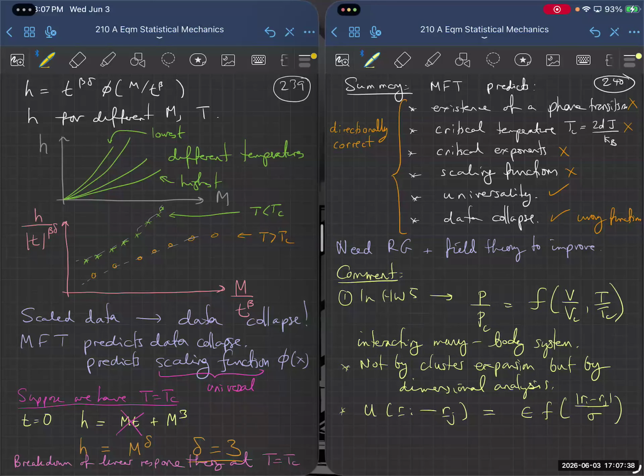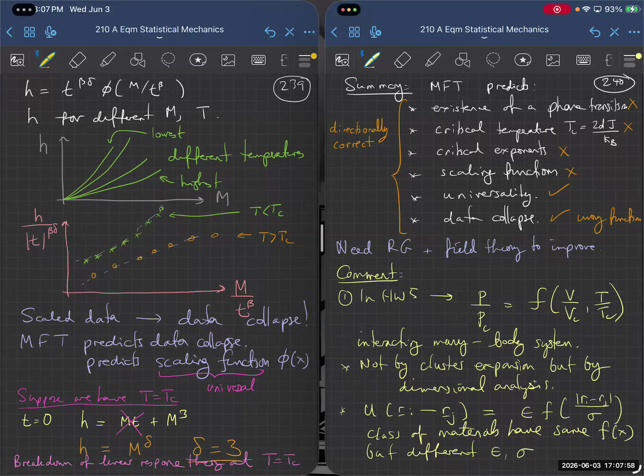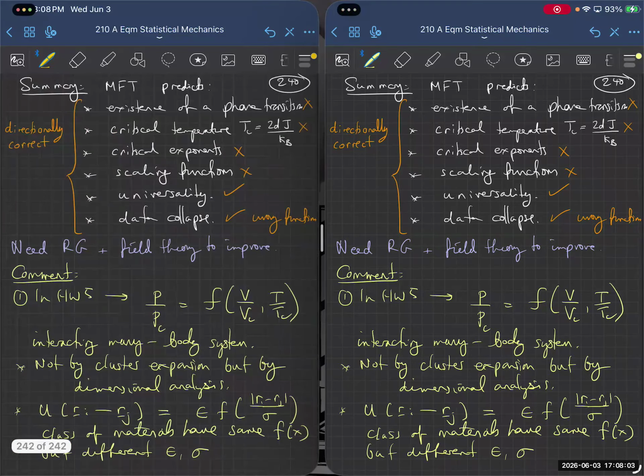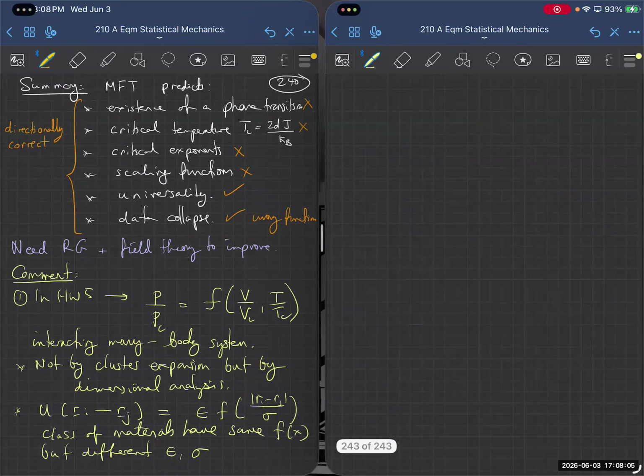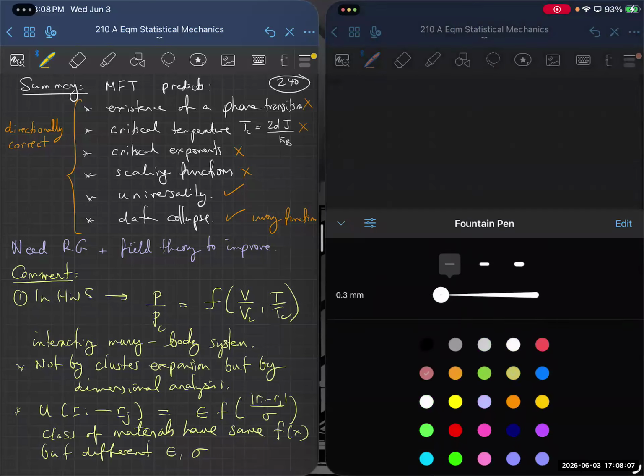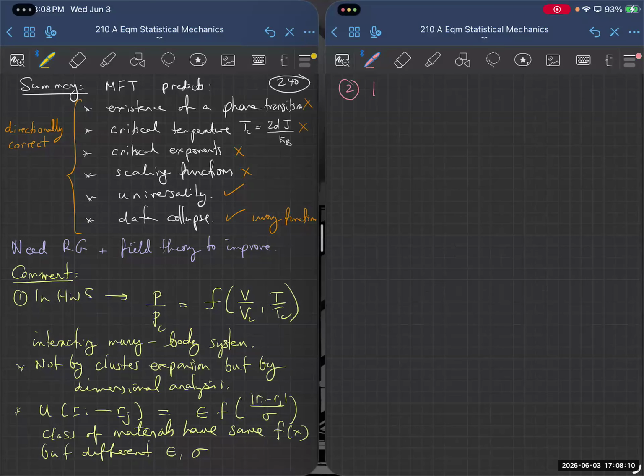And so the class of materials have the same f of x, the same function, but different epsilon and different sigma. Epsilon is the binding energy, sigma was the hardcore radius, and that looks like a data collapse. So you might say, that's interesting. So you might say, is this data collapse?